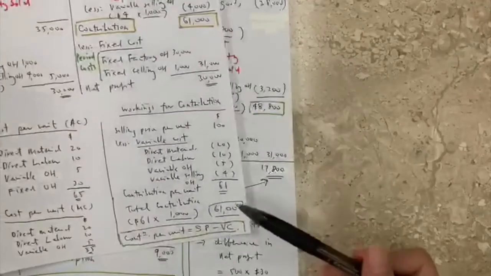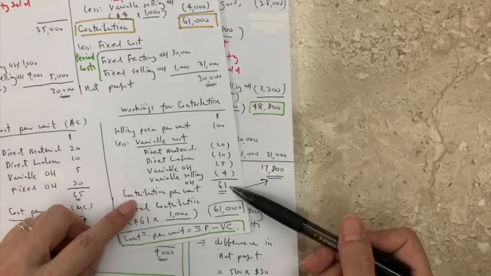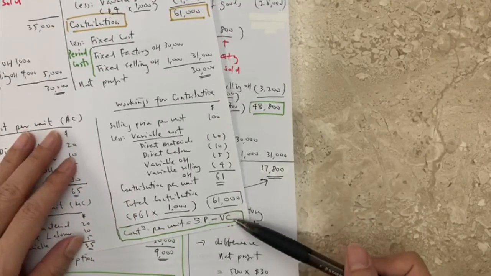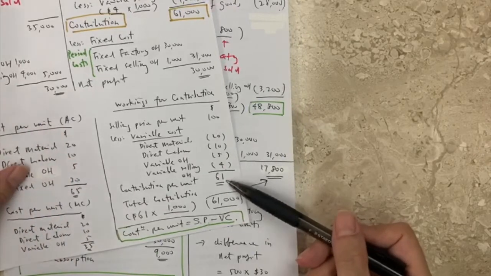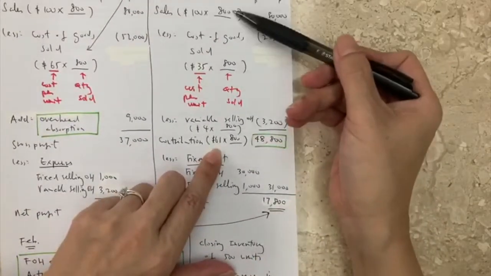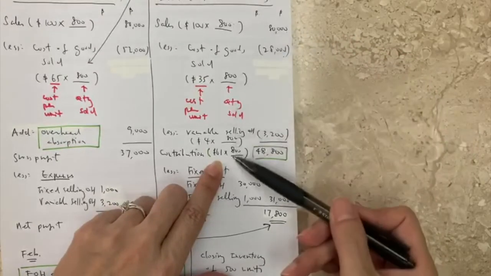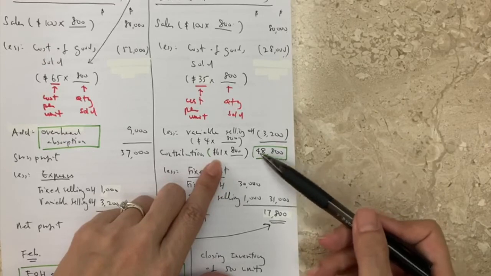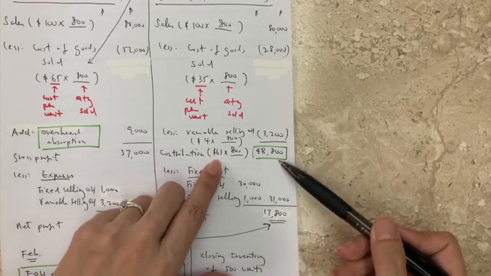We already worked out this contribution per unit, which is equal to selling price per unit minus all the variable cost per unit. We get the $61 per unit. So here I have $61 times quantity sold.